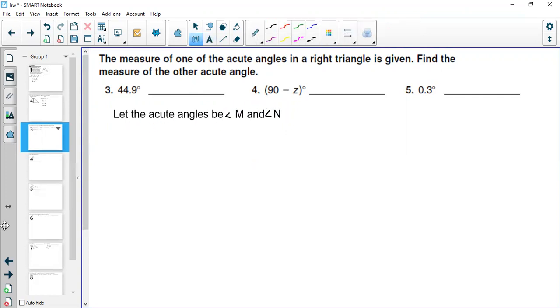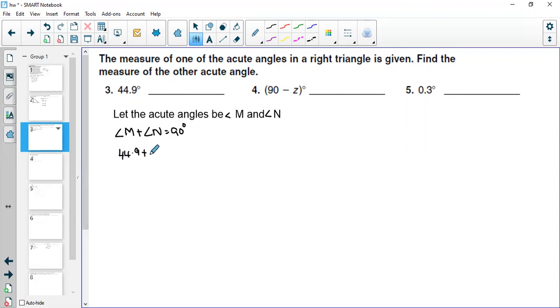So the next step is angle M plus angle N is going to be equal to 90 degrees. Now this is due to the acute angles of a right triangle are congruent theorem. So I'm not going to write all that. So one is 44.9.